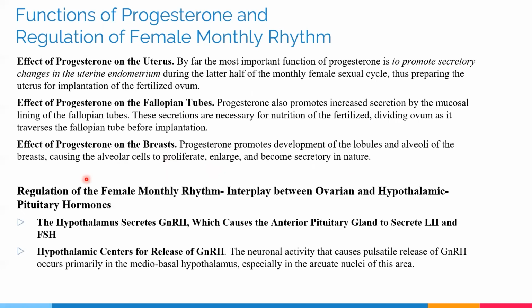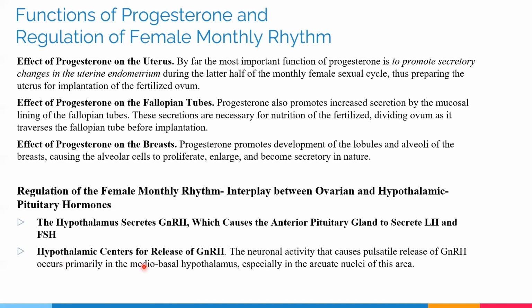Next, let us look into regulation of female monthly rhythm, interplay between ovarian and hypothalamic pituitary hormones. The hypothalamus secretes GnRH, which causes the anterior pituitary gland to secrete LH and FSH.